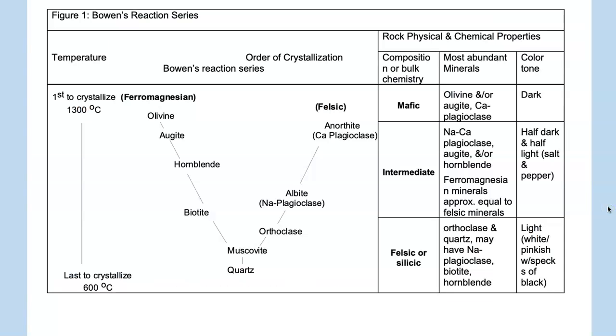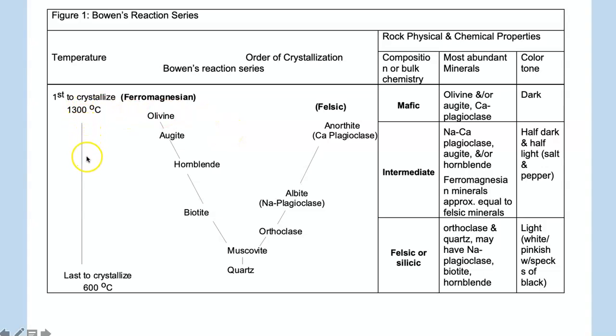So remember, this is all something that you can gather by looking at Bowen's reaction series, and this particular version is from your lab, and temperature is here. The idea here is that we have a magma that's been generated from partial melting of the mantle, and we're starting to cool that magma, and at 1300 degrees, the first crystals to form are these mafic minerals, olivine and calcium plagioclase, and then maybe some augite as well.